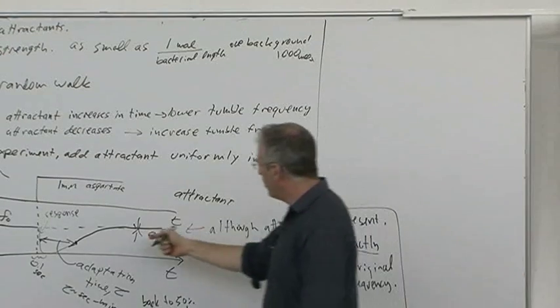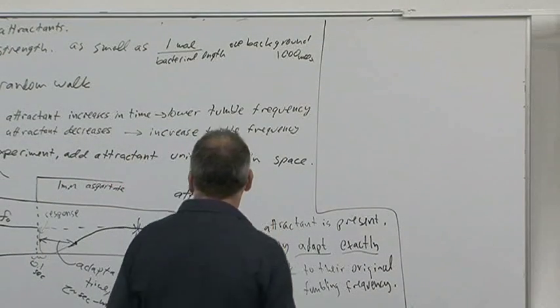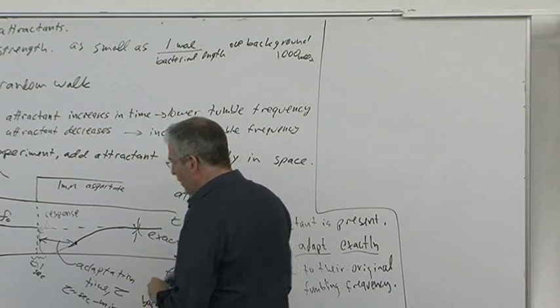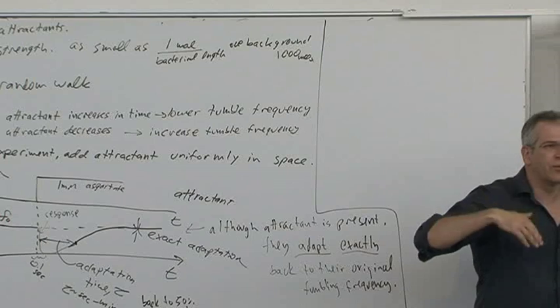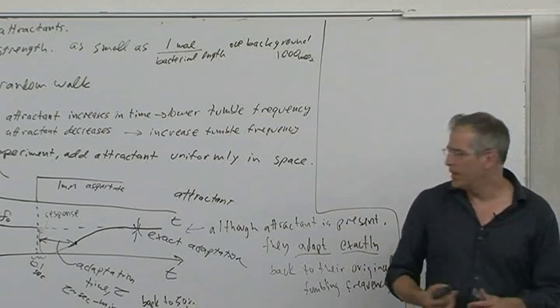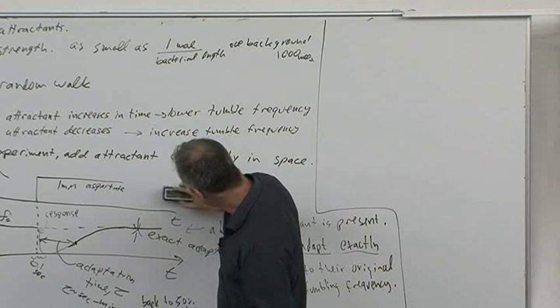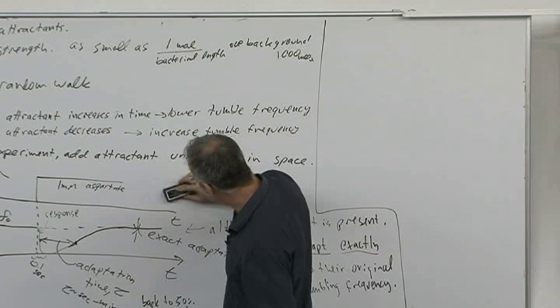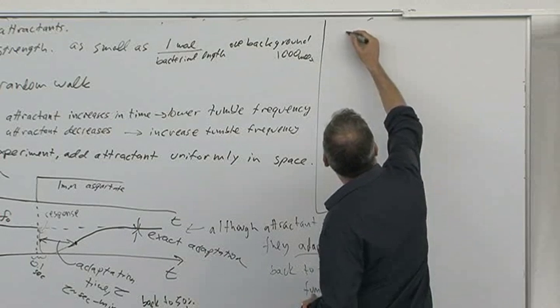Or maybe I should say, why is this exact adaptation important at all? Because it allows you to remain sensitive over this very wide dynamic range. So the thing is, if I give a step, I'm going to plot it here.